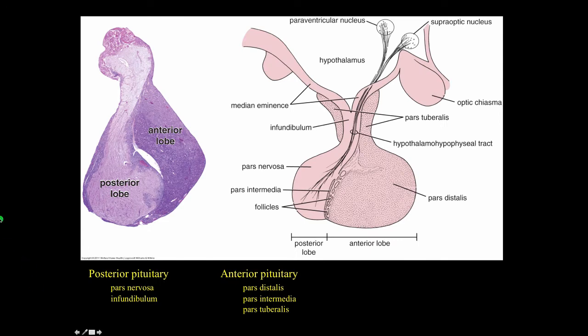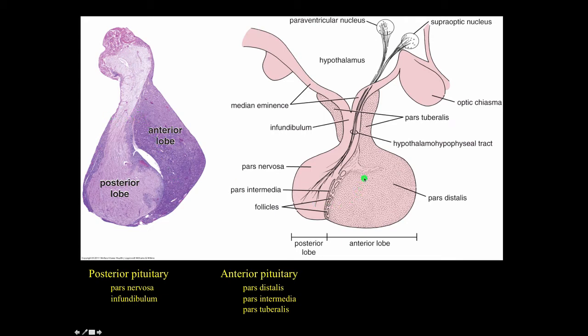The posterior pituitary, shown on this low-power histological view, then contains the pars nervosa and the infundibulum. The anterior pituitary contains pars intermedia here, the pars distalis, which is the majority of the lobe, and then the pars tuberalis.